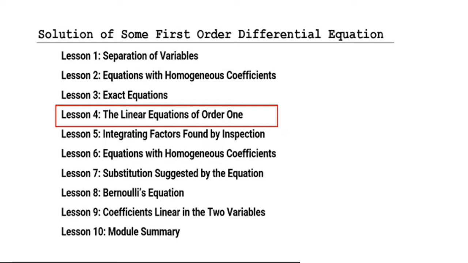To understand our lesson, you should have a good background on lesson 1 to lesson 3, namely, separation of variables, equation with homogeneous coefficients, and exact equations. If you did not yet study these topics, you can watch our videos on these topics. Well, we will now discuss the linear equations of order 1.